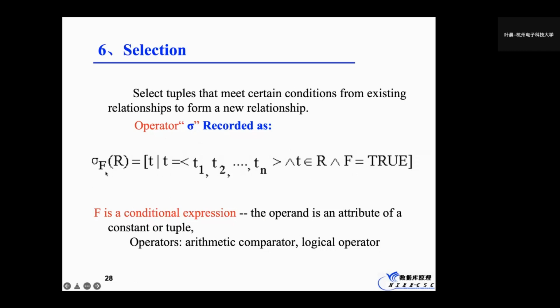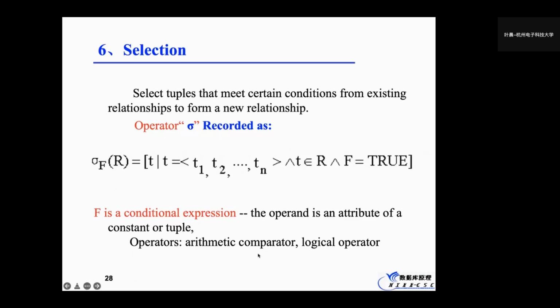F is a conditional expression, and the operands are constants or attributes of a tuple. The operators can be comparison operators and logical operators.